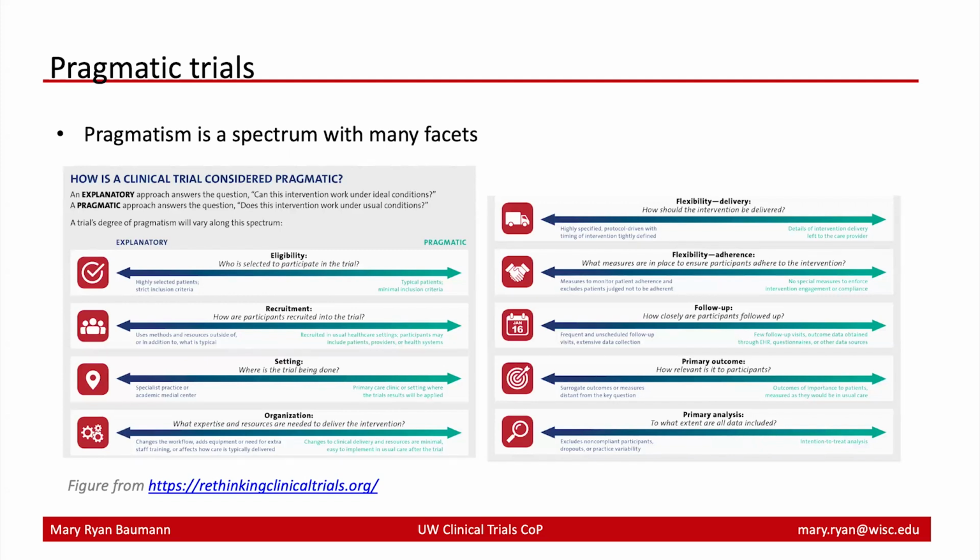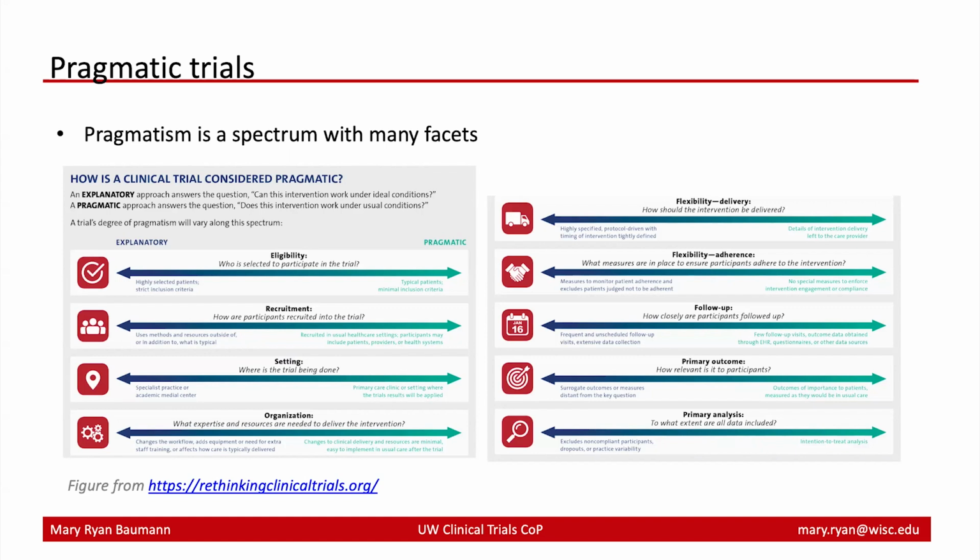We think about pragmatism in terms of delivery. Is there a very strict protocol that needs to be followed every single time in order to deliver that intervention? Or is the manner of delivery left more up to the care provider? We think of pragmatism on adherence.